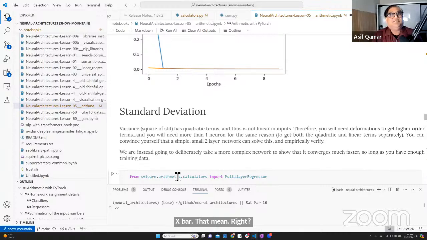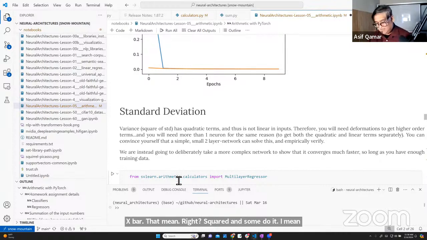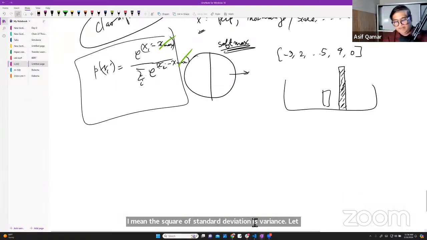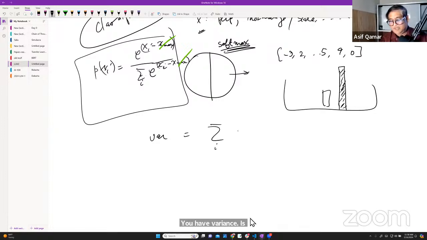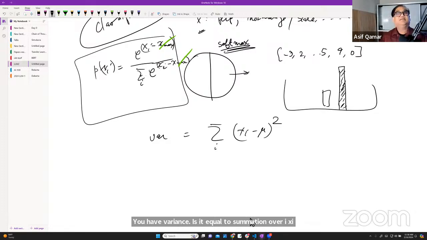The square of the standard deviation is the variance. Let me write it out in case it has eluded you. The variance is equal to the summation over i of xi minus mu, squared. Does this make sense, guys? If you expand it out, it will have mu terms, xi terms, and xi square terms, right?